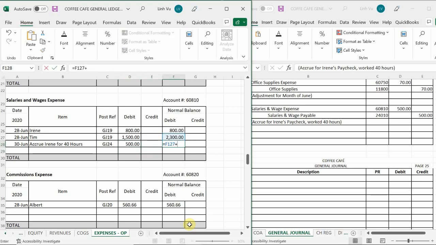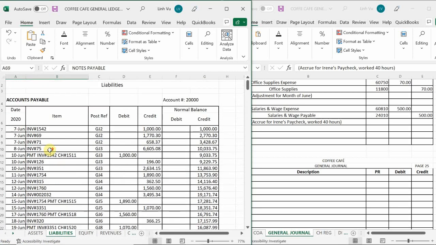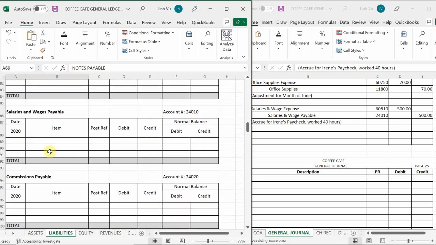So therefore, total salaries and wages expense is now increased to $2,800. Okay. And now, because we didn't pay her, we now owe her that money. So we're going to go to my liabilities, and we're going to locate my salaries and wages payable account. Here you go. Salaries and wages payable.